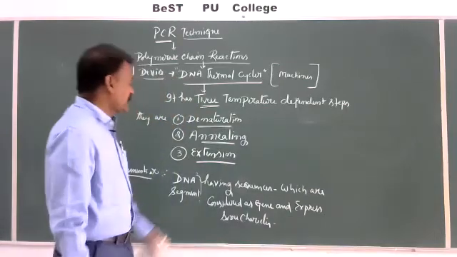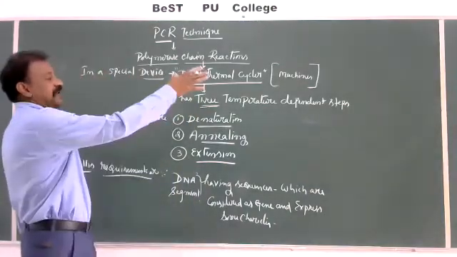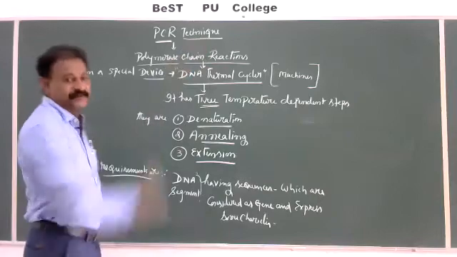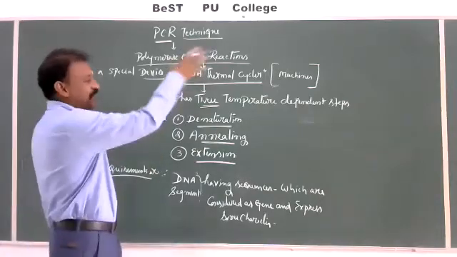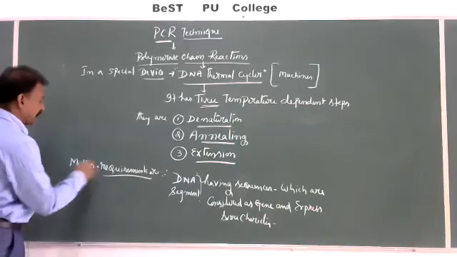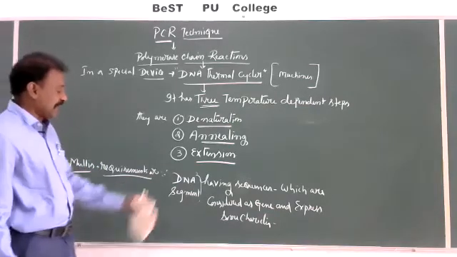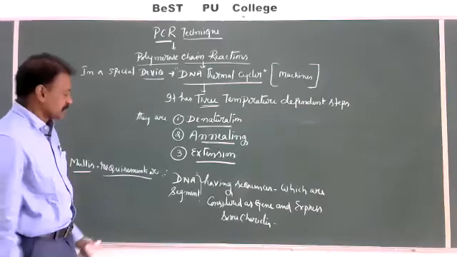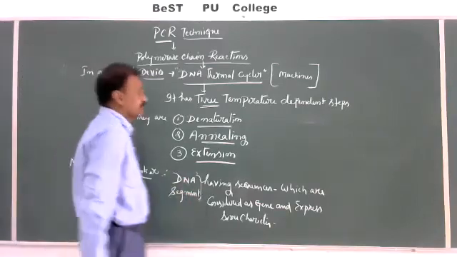In the textbook they have given it as the DNA region to be amplified. So Mullis's requirements are: first, a segment of DNA.